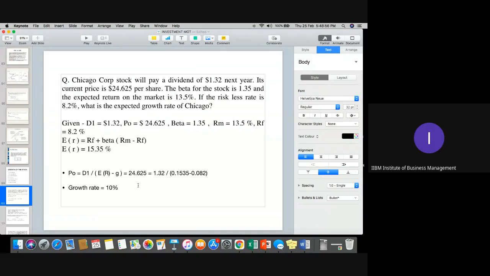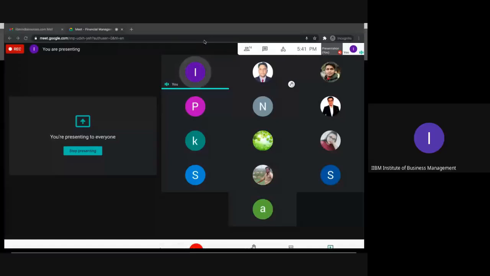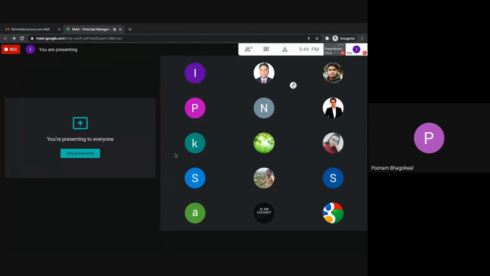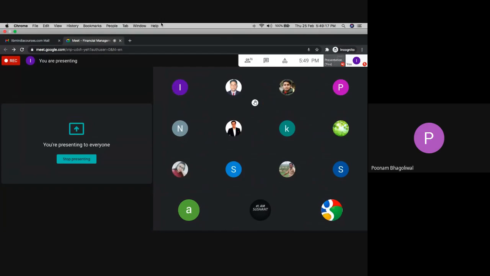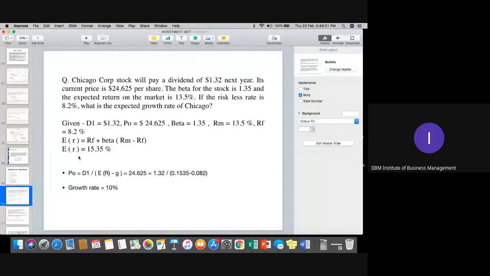Do it fast and let me know, is there any query in this particular question and are you getting the answer of 10% or not? Yes, students.